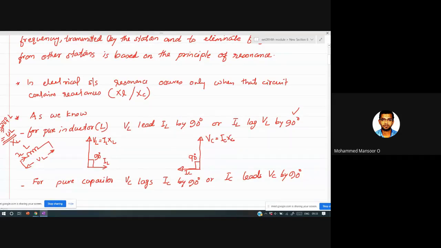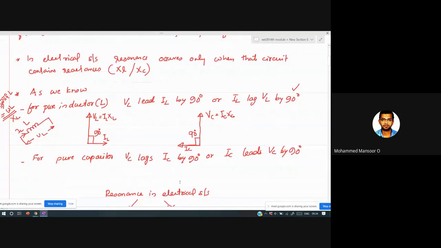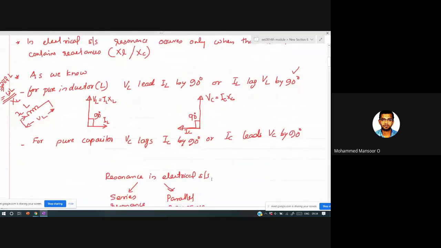Lagging and leading can be easily understood considering clockwise and anti-clockwise direction. Clockwise stands for lag, anti-clockwise stands for lead. Clear. So for a pure capacitor, VC lags IC by 90 degrees, or IC leads VC by 90 degrees.